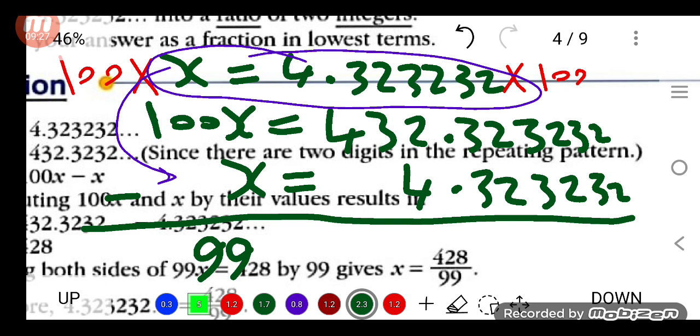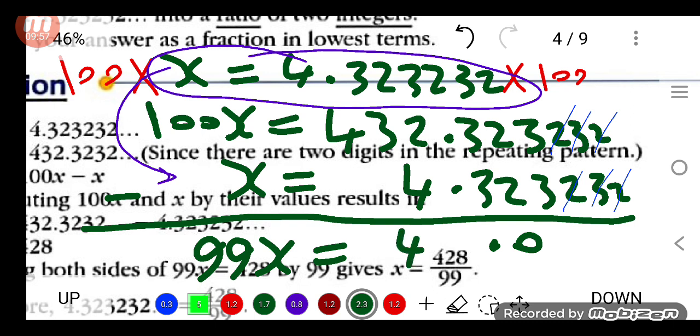So here 99x is equal to, remember when you subtract here, 2 is cancelled with 2, 0, 3 minus 3, 0, 2 minus 2, 0, and so on. When you arrive at the decimal, you take it down. Then 432 minus 4, this is 428.